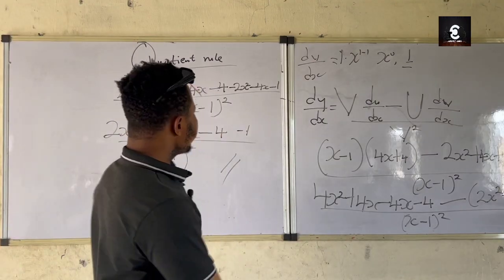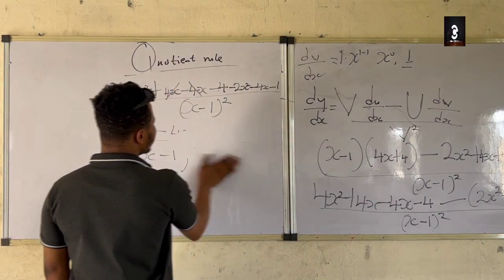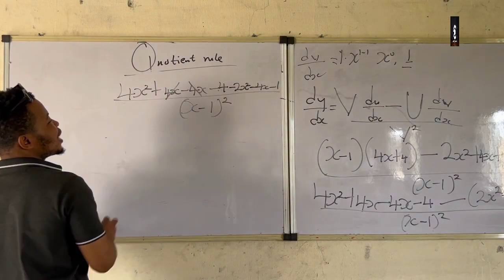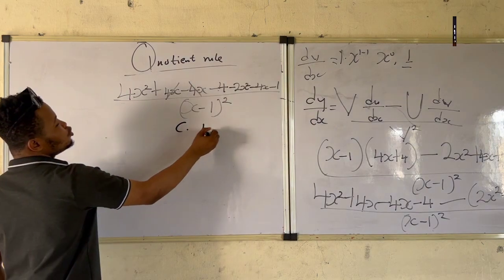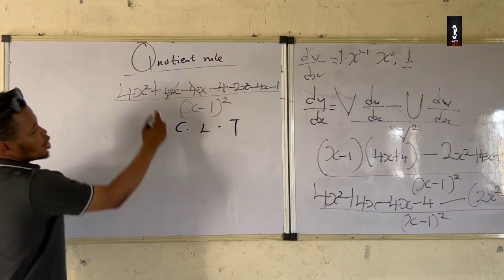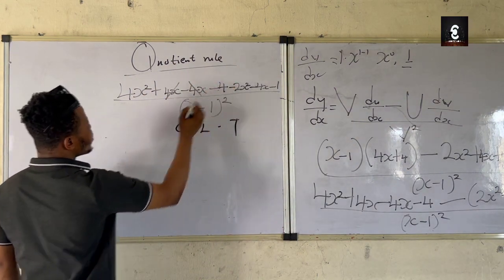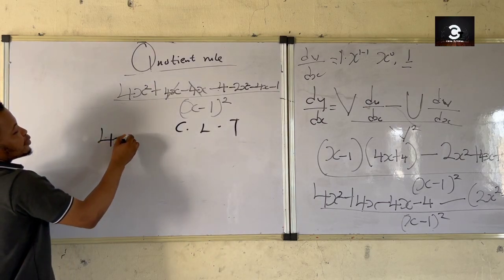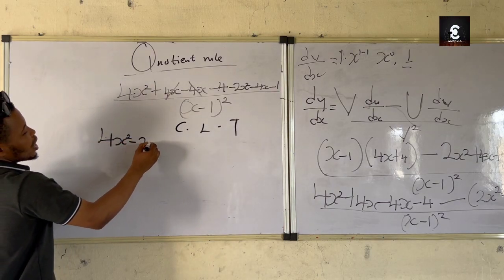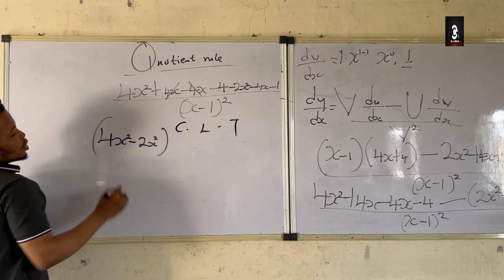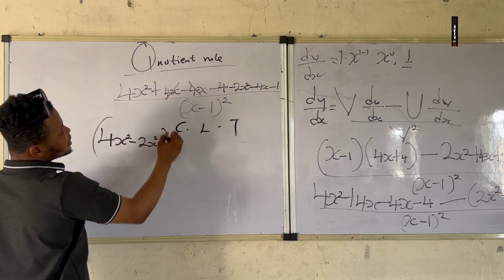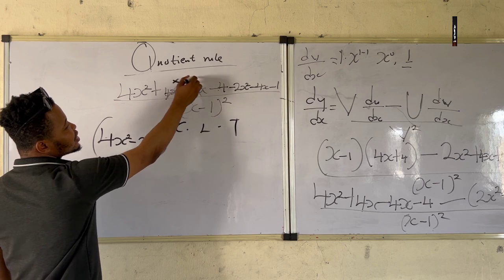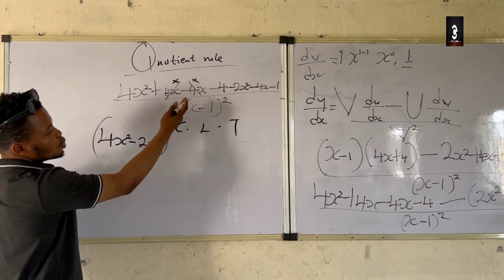Okay, so when you've gotten to this point, all you need to do is collect like terms. Now, how do you collect like terms? You pick those things that have the same power. Look at this raised power 2, this raised power 2. So if I am bringing it down, this is 4x raised power 2 minus 2x raised power 2. These two, they've gone. Now, let's pick this one. This is plus 4x minus 4x. These two, I told you guys, they are already gone.